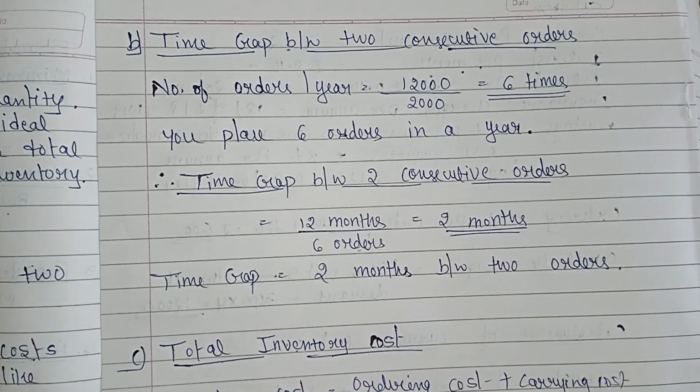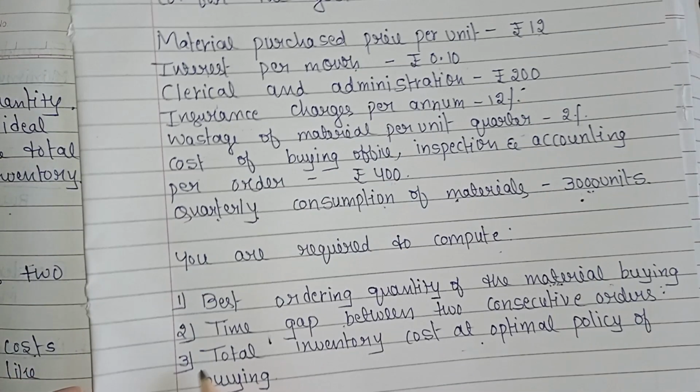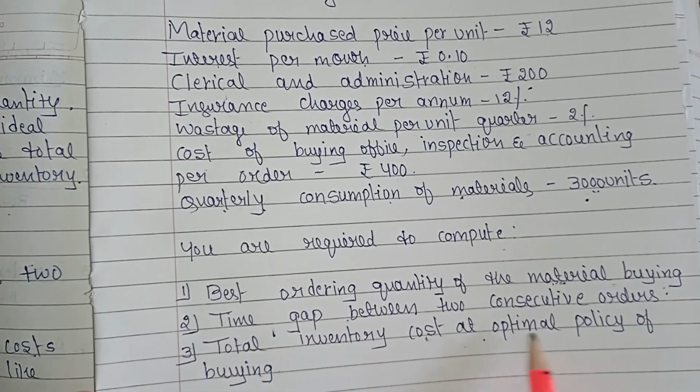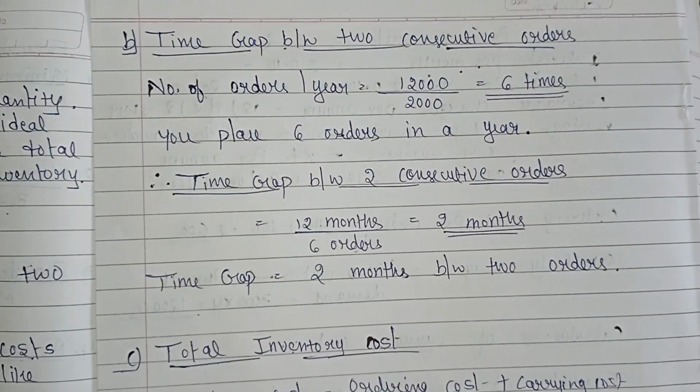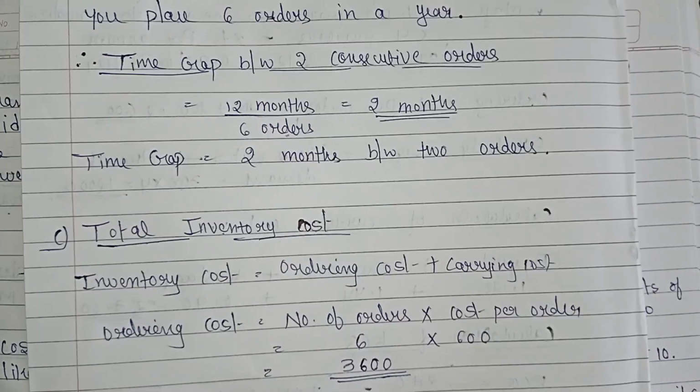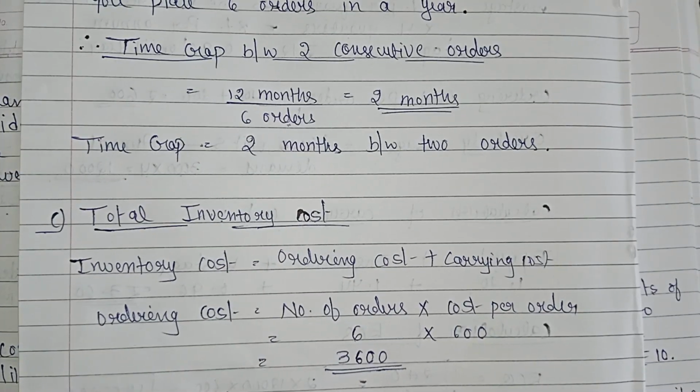Clear? Next, the third one is total inventory cost at the optimal policy of buying. See here, inventory cost means ordering cost plus carrying cost. Here you will get a doubt: why is material cost not included?